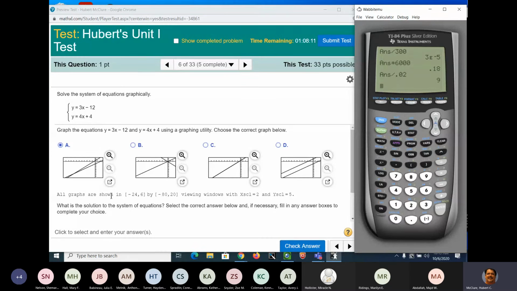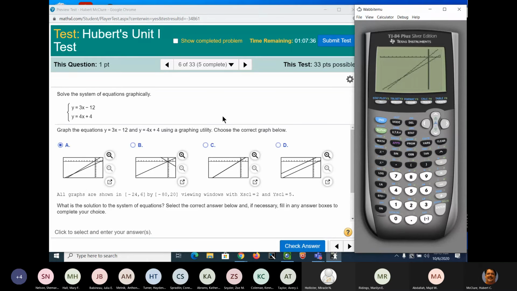Did I not set that at -24 to -80? Or they may want -24 and 6. I'm looking at it like a coordinate, but evidently they don't want it that way. 80, -80, and 20. Try that. Okay, so there it is. Did I not pick that?